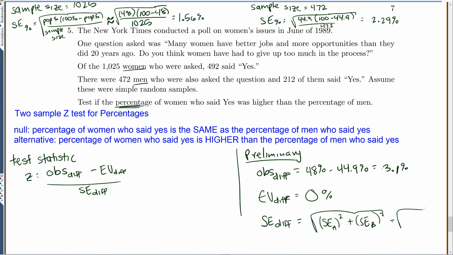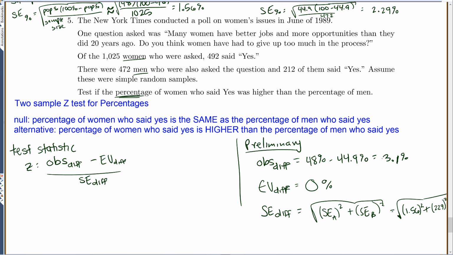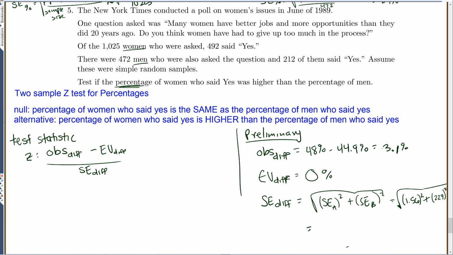So square root, oh, and don't forget the square root. So it'll be 1.56 squared plus 2.29 squared, which should equal 1.12. Nope, sorry, that's the wrong calculation. Should be 2.77%. That's our guess for the standard error for the difference.